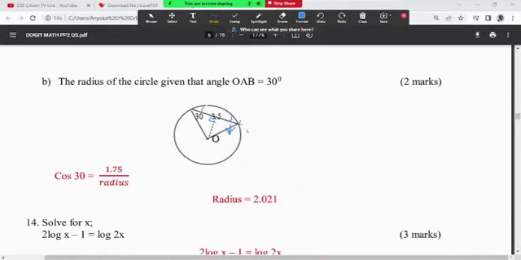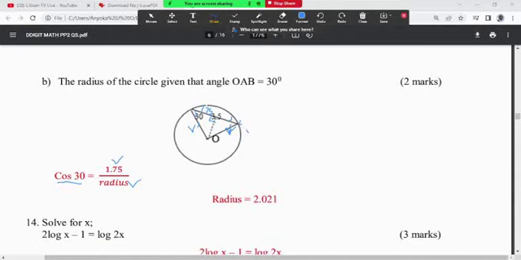So this one becomes 1.75 and 1.75. Then using this angle here, comparing radius, which is hypotenuse, and 1.75 is adjacent. So you can say the cosine of 30 is equal to adjacent over hypotenuse. Adjacent is 1.75 and hypotenuse is the radius.